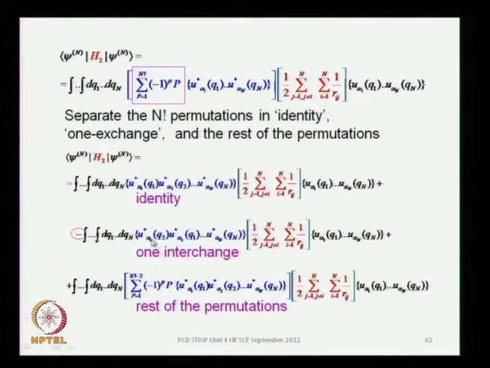So, this is the term which appears here with this minus sign, which corresponds to a single interchange, and then there are factorial n minus 2 terms. So, you sum over all the permutations p going from 1 to factorial n minus 2, and all of these remaining permutations are stacked together in this term written over here. Okay.